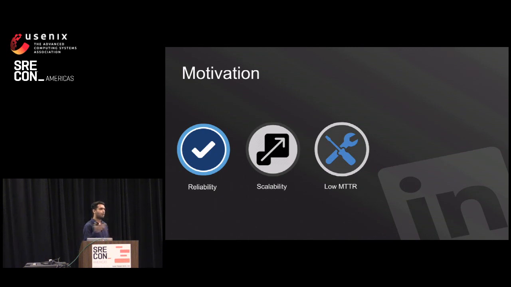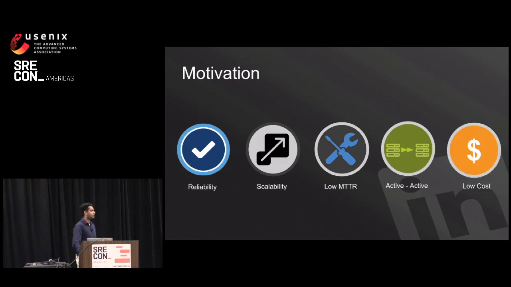Basically, if we ever come into an issue, we should be able to fix it then and there itself and then go back with our lives. Then we were going for an active-active setup because we had multiple data centers. And we wanted all the instances of our storage to be equally capable of handling both reads and writes. And last but not the least, something which would be cost-effective.